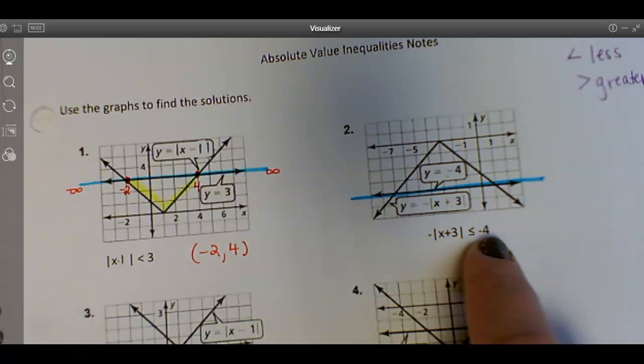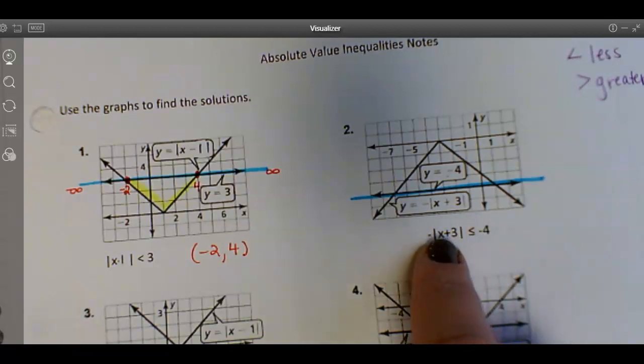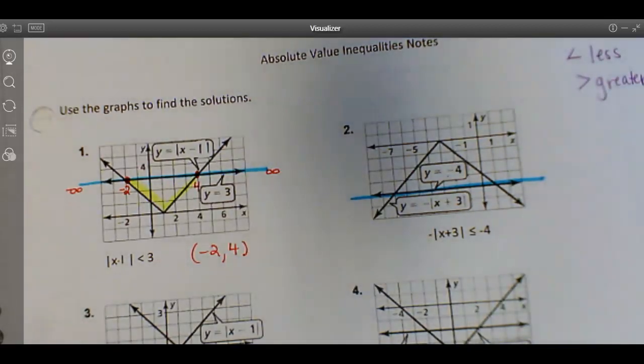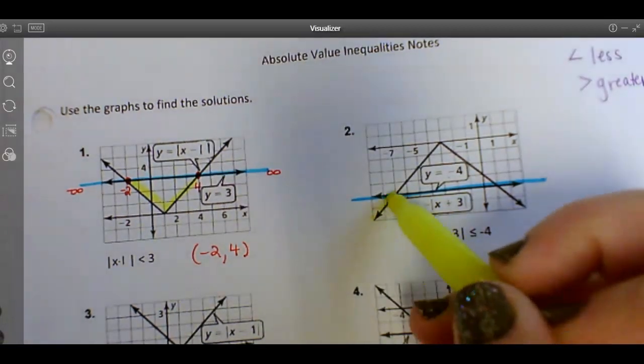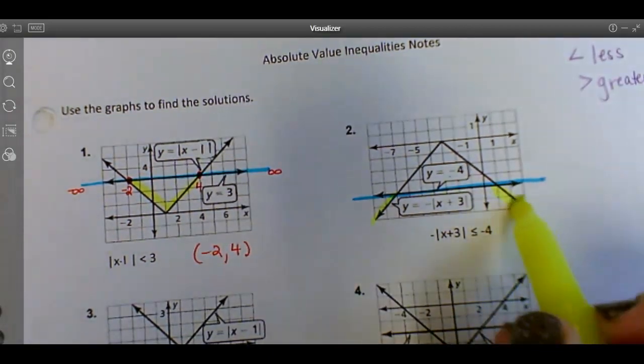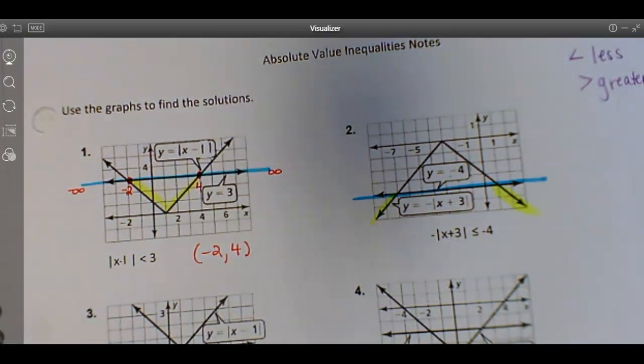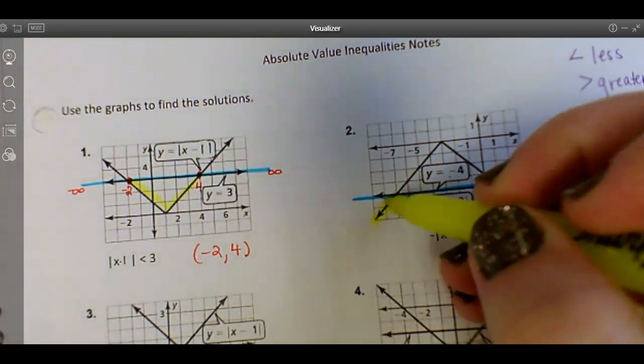Okay? And negative 4 is that blue line. So I want the absolute value to be less. Okay? If this is the blue line, I'm wanting to know what's below the blue line. Okay? In this case, there's two parts to it. It's here and there. Because there's two parts below the line.